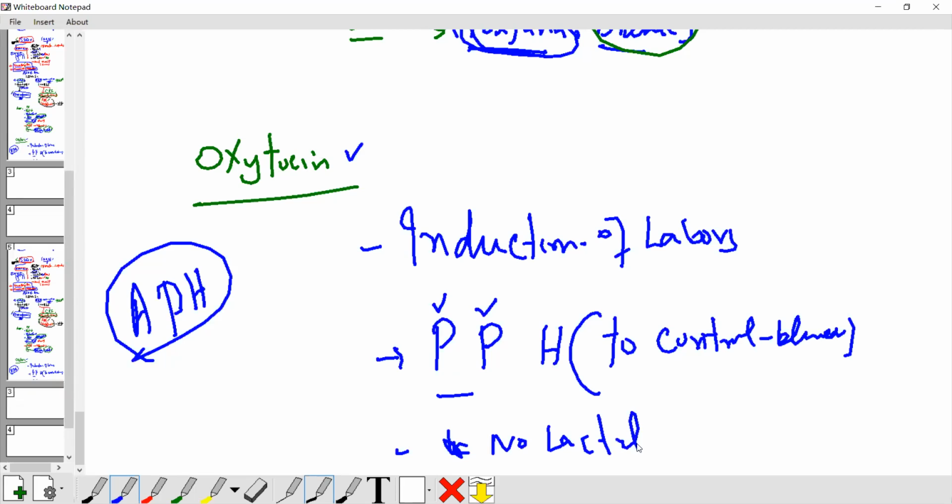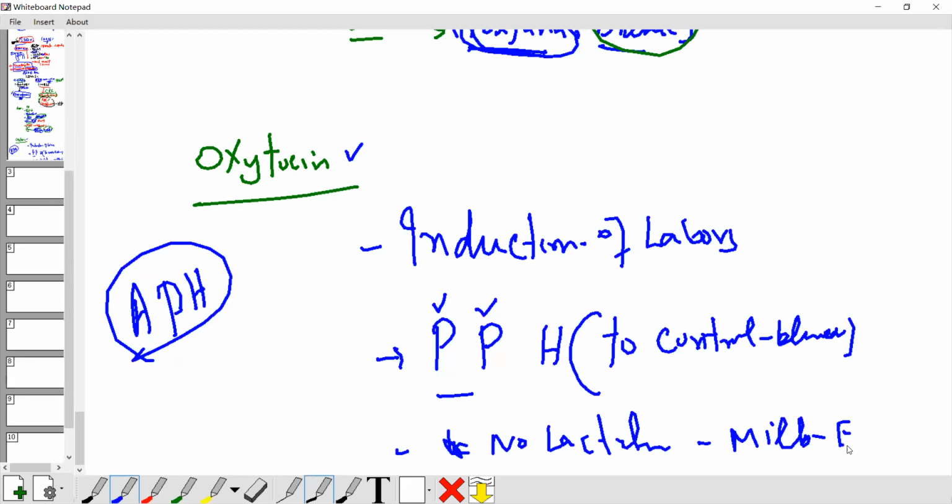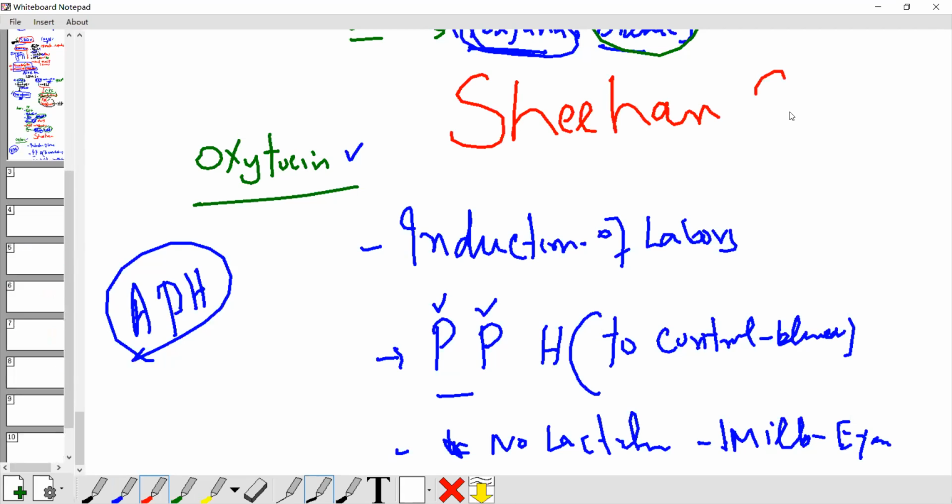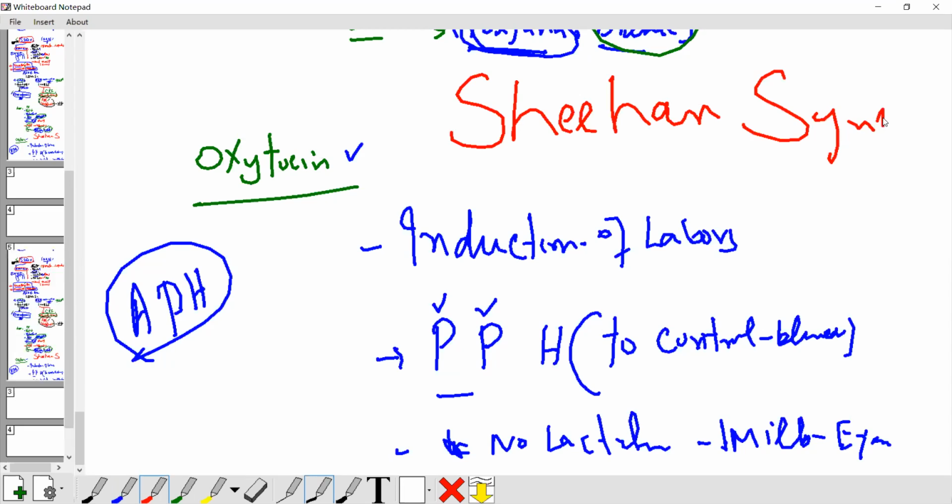no lactation. It means no milk ejection after birth, no milk. Failure to eject the milk, so you can use oxytocin. If you remember this pathological term, Sheehan syndrome. This happens during pregnancy.